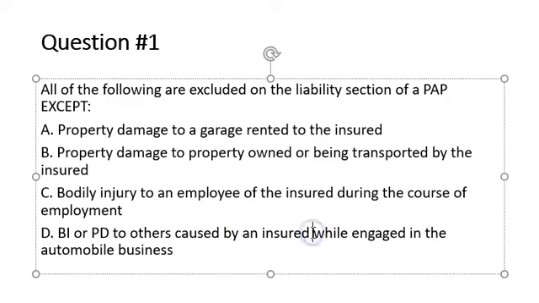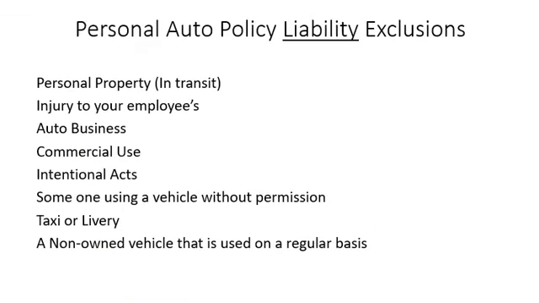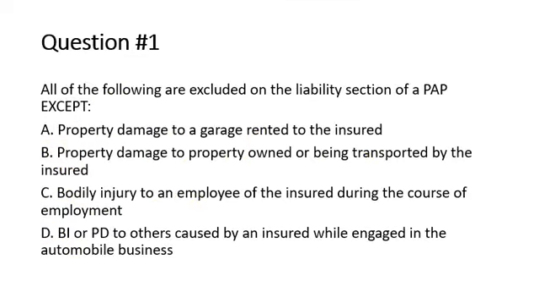Well, yeah, your liability will pay for bodily injury and property damage to others caused by the insured, but not while engaged in an automobile business. Let's look at the exclusions. Automobile business, that's excluded. So hopefully that helps you with this question and why A is the answer.